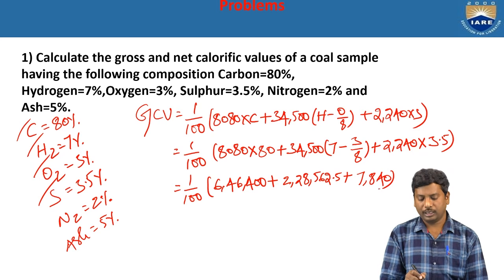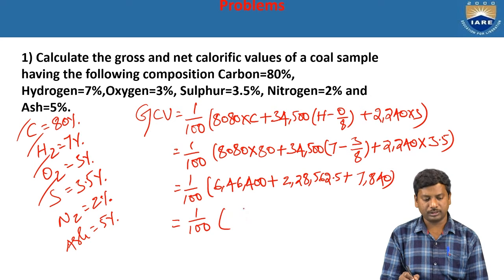So these are the values, and by the combination of these three values, 6,46,400 plus 2,28,562.5 plus 7,840, finally we get the value nearby 8,82,802.5.